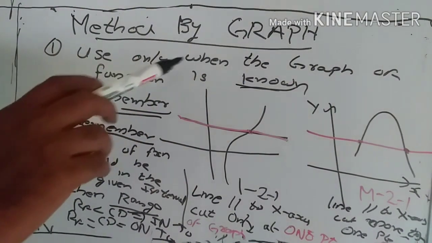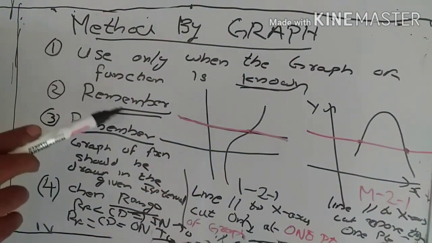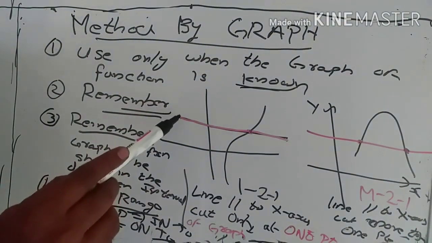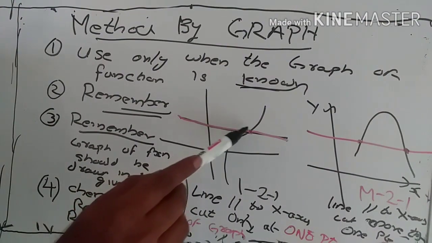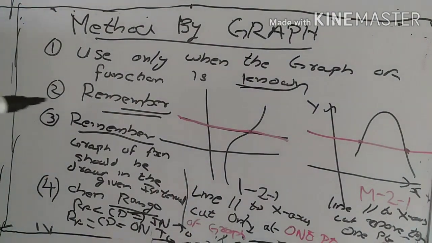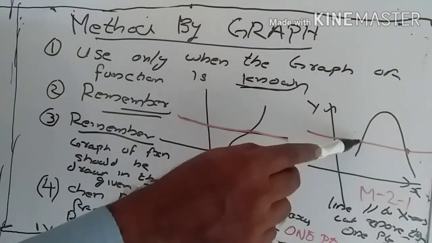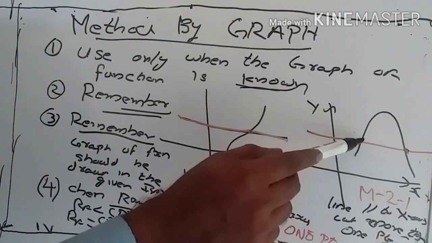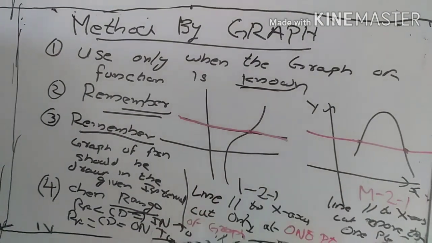First, this method is used only when the graph of the function is known. Then second, draw the graph. After drawing the graph, draw a line parallel to x-axis. If the line cuts at only 1 point, the function is 1 to 1. If the line cuts at more than 1 point, in this figure it cuts at this point and this point, the function is many to 1.